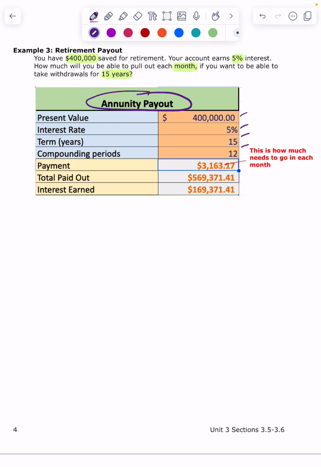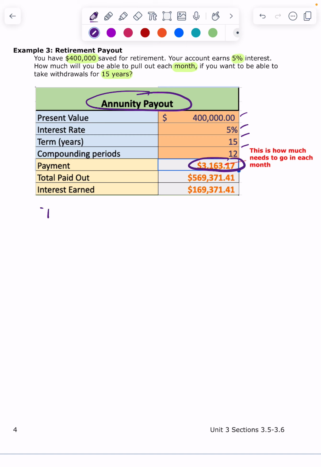So this one's kind of more straightforward because it's the only one that pertains to getting money out once it's saved up. And it wants to know how much you'll be able to pull out each month. So that's going to be the payment.